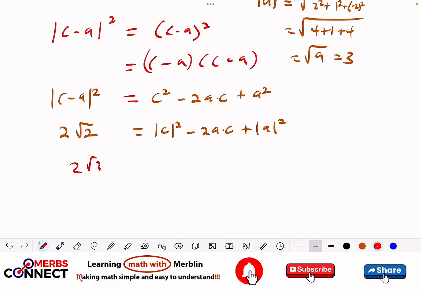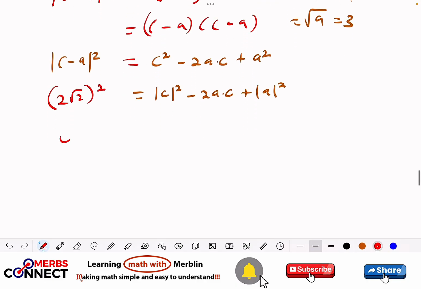Okay, this one is not supposed to be there. So we are going to square this. This is 2 square root of 2 squared. Good, this is how it's supposed to be. So this is going to give us 4 times 2, which is equal to the magnitude of C squared minus A dot C plus 3 squared.